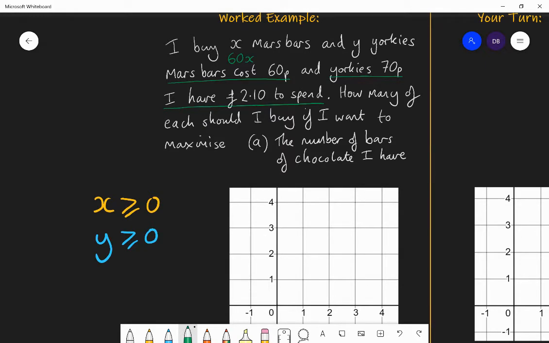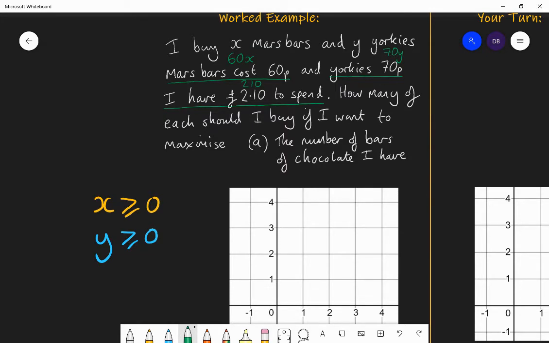Now, I want to work in pence, so I'm going to change £2.10 to 210 because I've got to be consistent with the fact that I'm using 60 rather than 0.6. If I chose 0.6x, then I would choose 2.10 as the amount of money I have in total. So if Yorkies cost 70p, then y Yorkies will be 70y in cost.